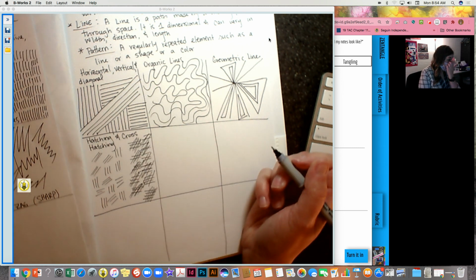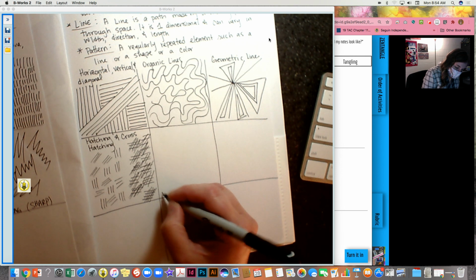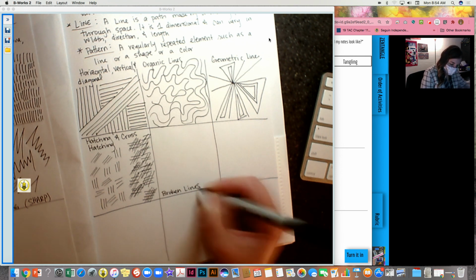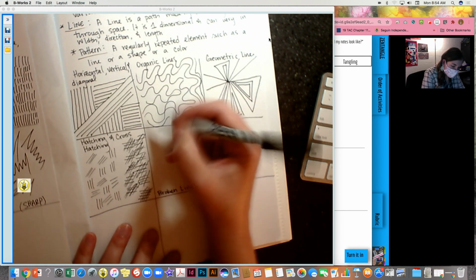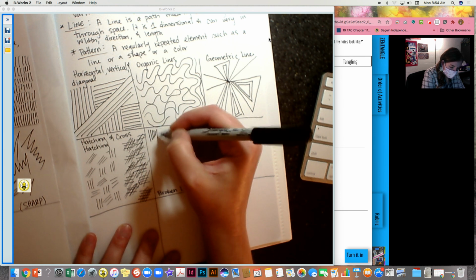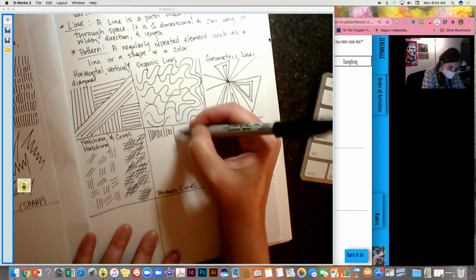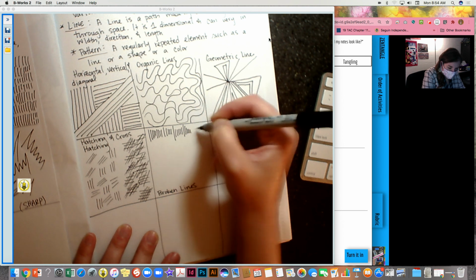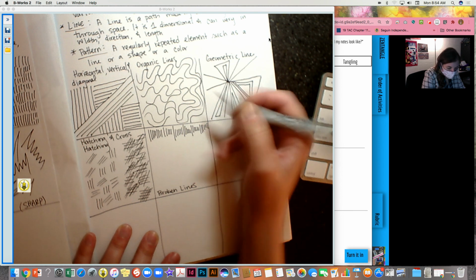Okay. Then we have broken lines. These are pretty simple. So we create sort of a pattern of broken lines. They have varying heights, right?